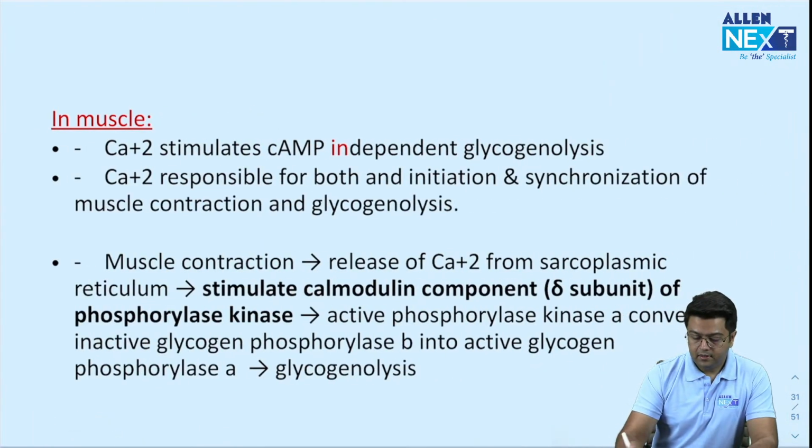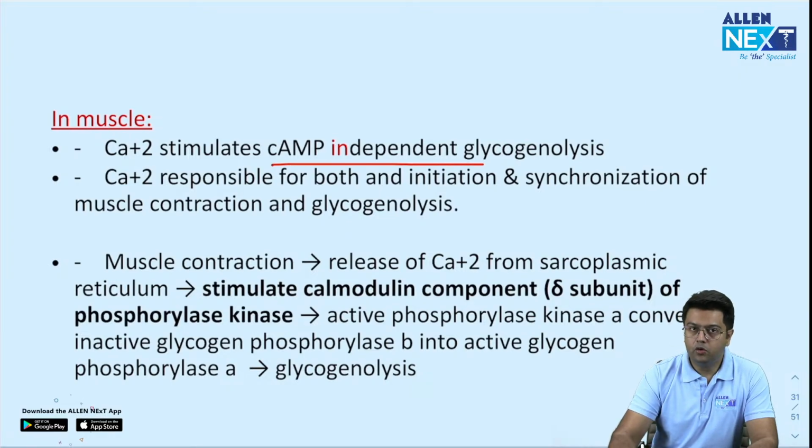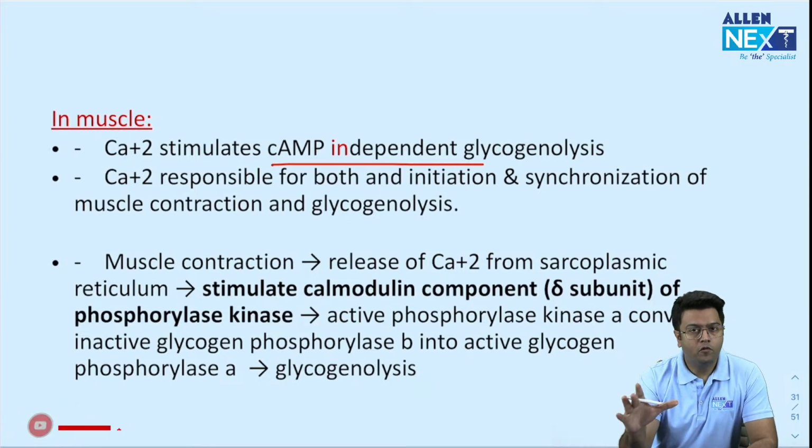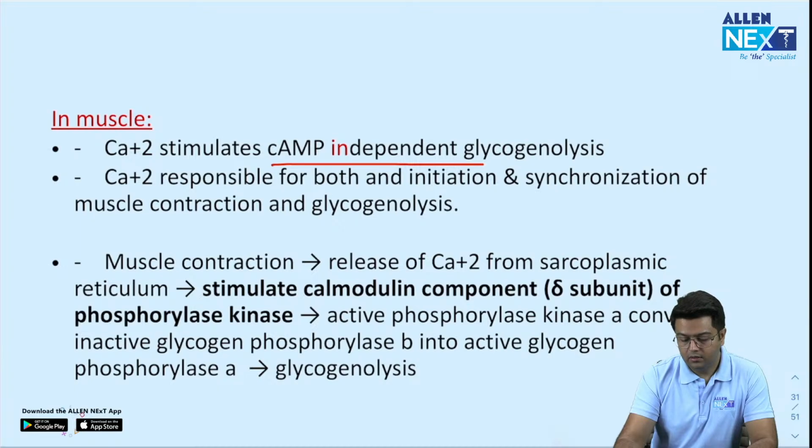In the muscles, calcium stimulates cyclic AMP independent glycogenolysis. What is the job of muscle? Muscle does contraction, right? So calcium is responsible for both the initiation of muscle contraction and glycogenolysis. Whenever the muscle contracts, there is a release of calcium from the sarcoplasmic reticulum, which stimulates the delta subunit of phosphorylase kinase first.